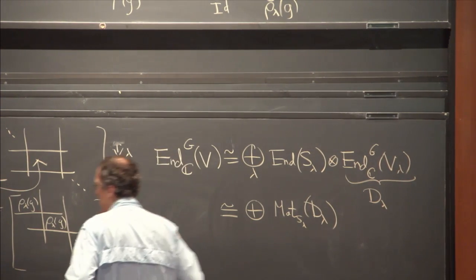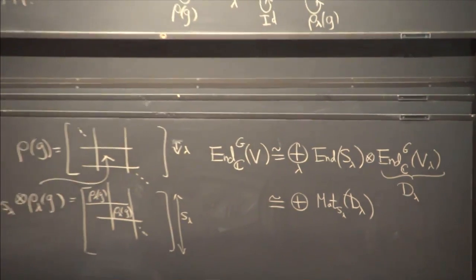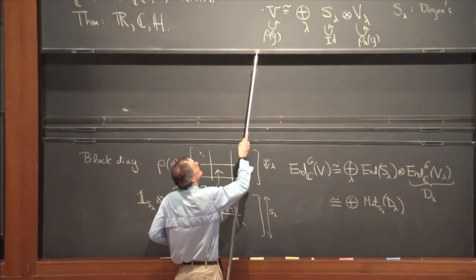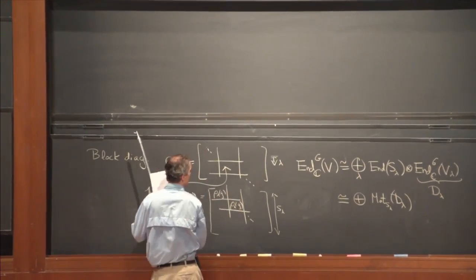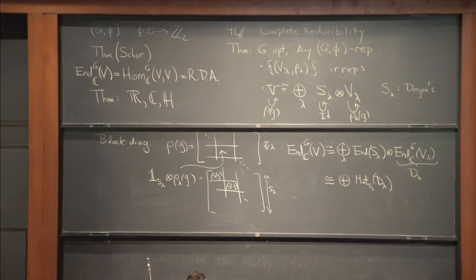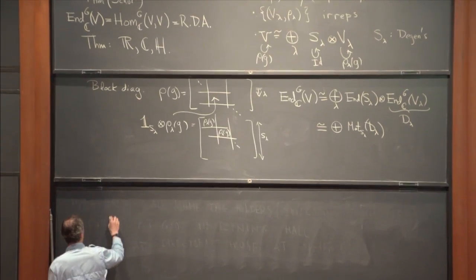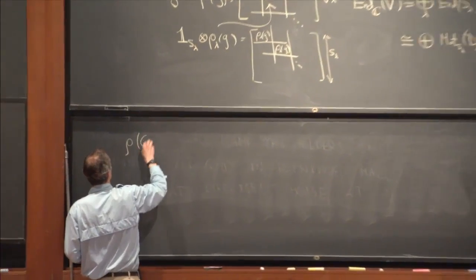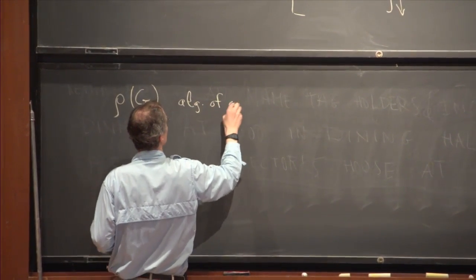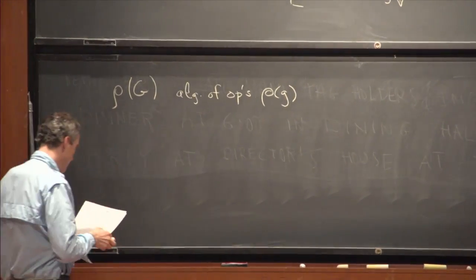Now let me say the same thing in terms of algebras. It will be a useful point of view. So I'm just going to repeat myself by rephrasing it in a slightly different way. So let rho of G be the algebra of operators generated by the rho of the individual group operators.